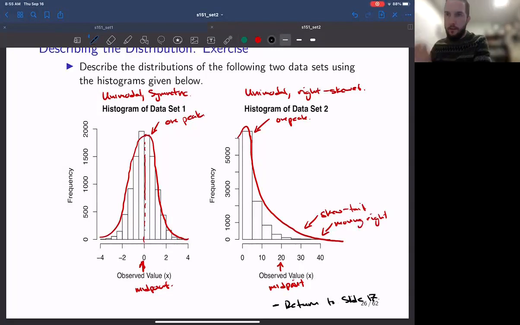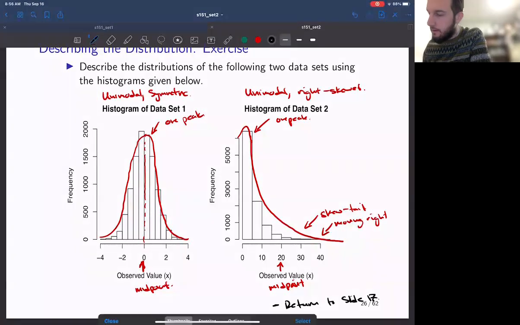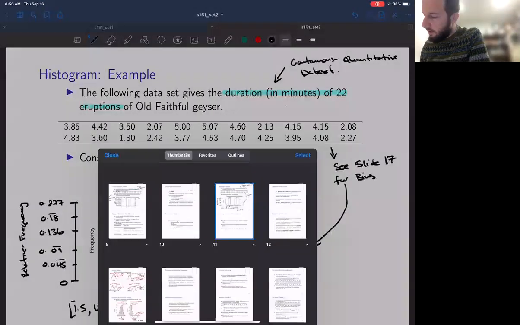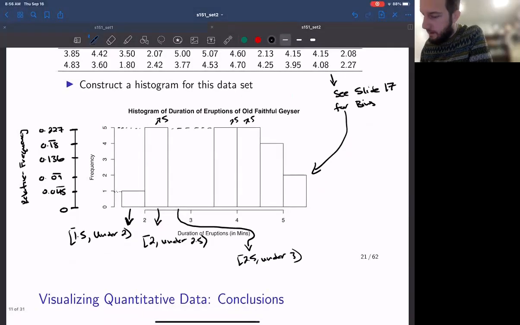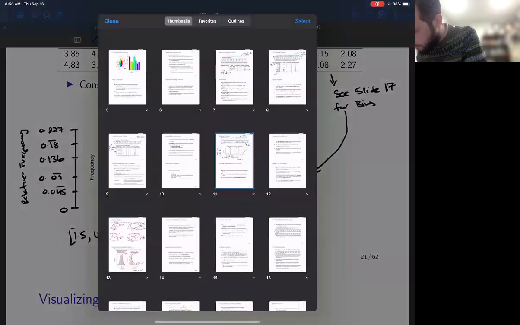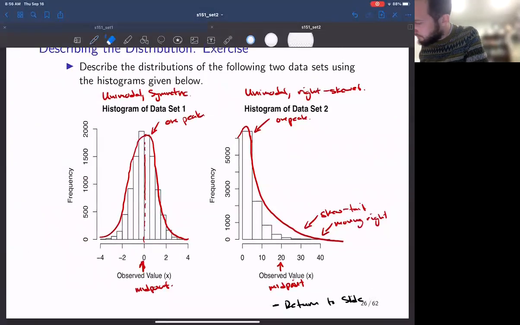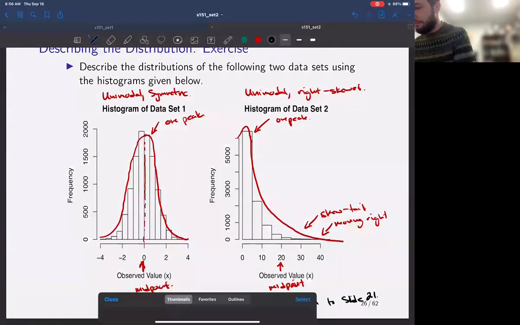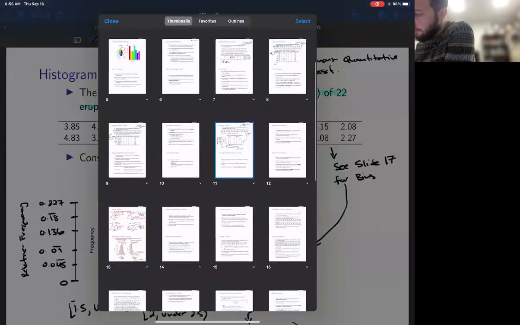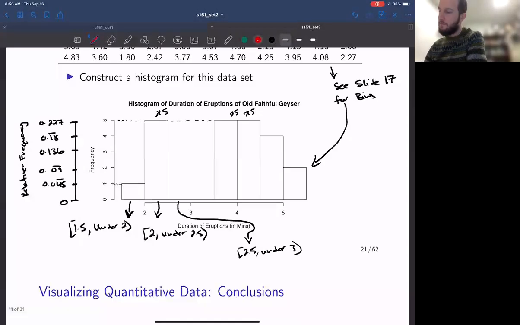Okay, so let's go back to the histogram that's on slide 17 briefly and just talk about that shape because that's a little bit more difficult to diagnose. So slide 21, not slide 17. Okay, so in this illustration, what we would have here, I think, is something that looks like this.